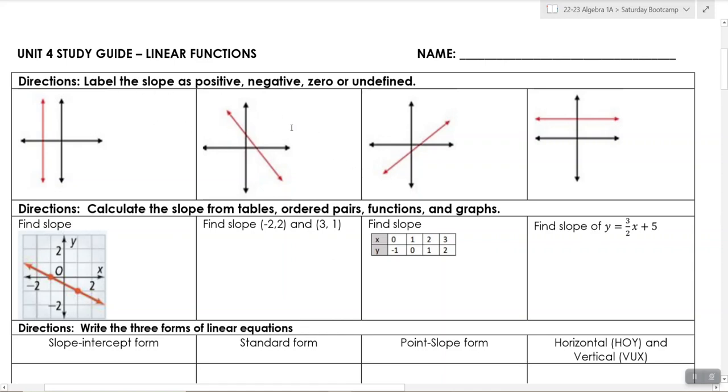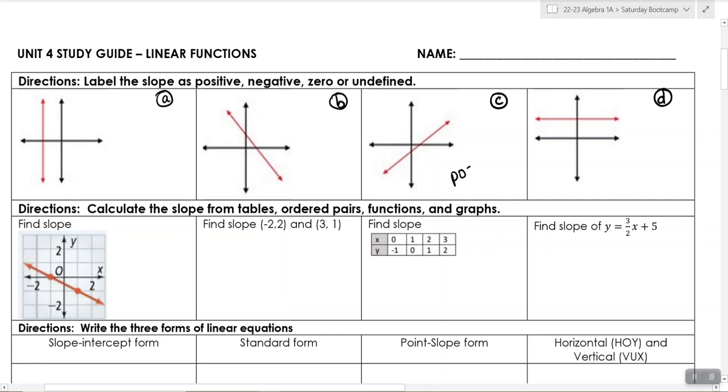So when I show you these 4 pictures right here, are you able to label them as positive slope, negative slope, zero slope, or undefined slope? If I put letters on these so that we can easily communicate, which one would you consider to be positive slope?